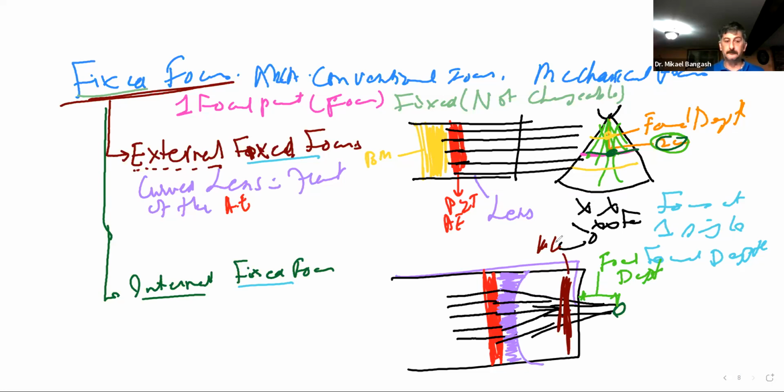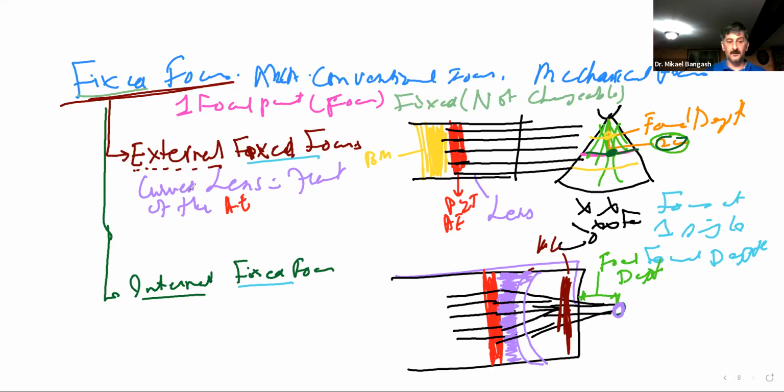So in a mechanical transducer, where we have just one fixed focal point, and that focus is achieved by placing a curved lens in front of your PZT, this curved lens causes the sound waves to refract and narrow down to their narrowest at a certain depth, which we call focusing.